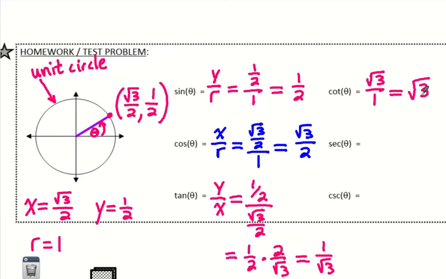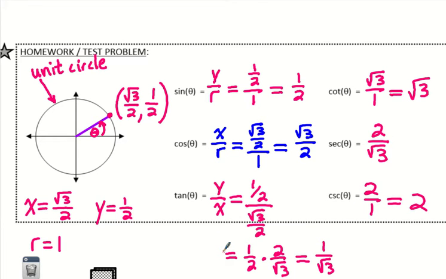The secant, do you remember what the secant was the reciprocal of? Cosine, which means I can just take this final answer and flip it. And that's the final answer, just like that. And cosecant is the reciprocal of sine, so I can just work with the final answer, which at the end of the day is just going to be 2.